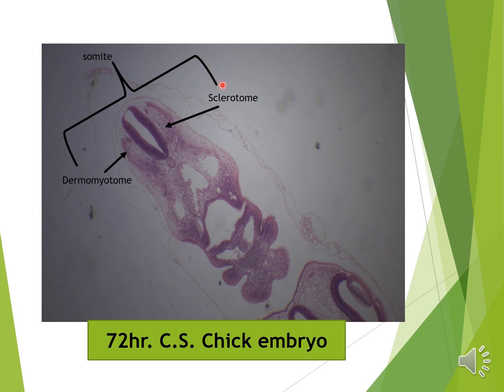The somite consists of two parts: the ventral and middle part, loose tissue, the sclerotome, later forming fibroblasts, chondroblasts, and osteoblasts, loose tissue surrounding the neural tube and notochord; while the dorsal and lateral part of the somite forms the dermomyotome, dense tissue.